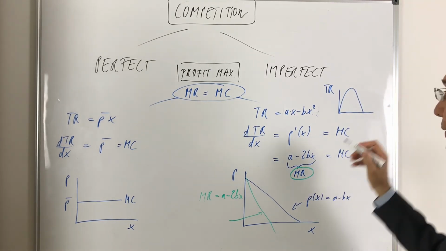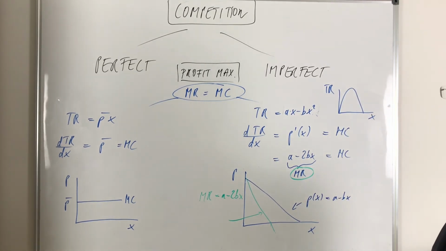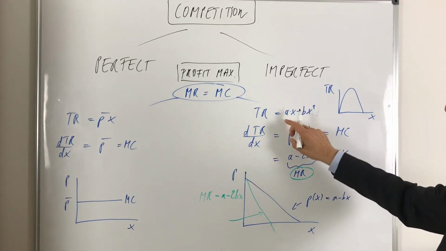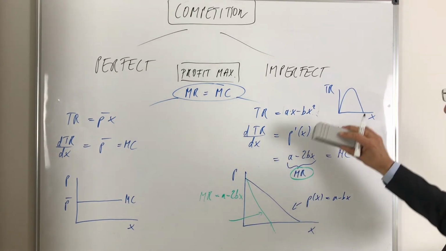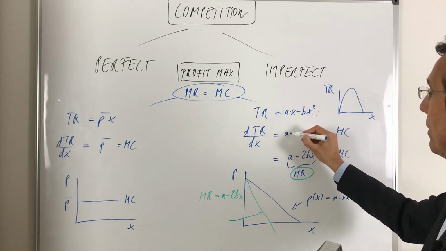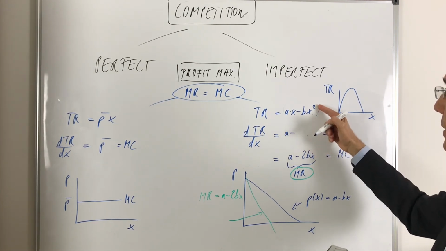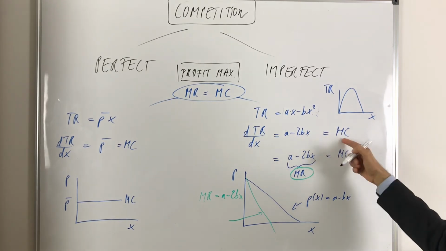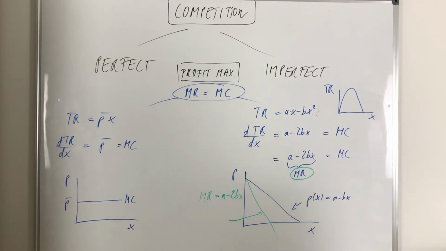It's the inverted U-shaped curve. And if we derive the total revenue function with respect to x, this yields then a minus 2bx, which is equal to the marginal costs. Now you see it, right?